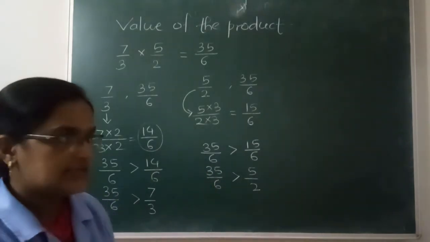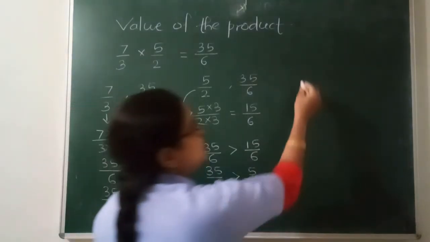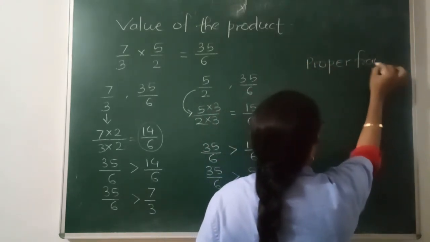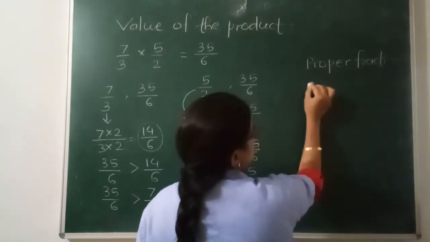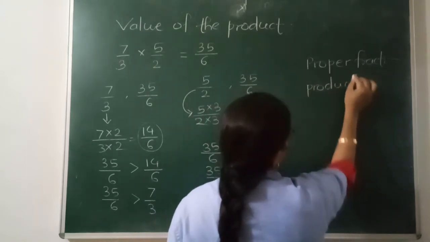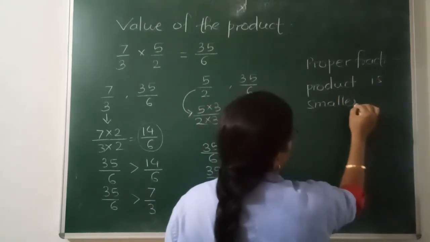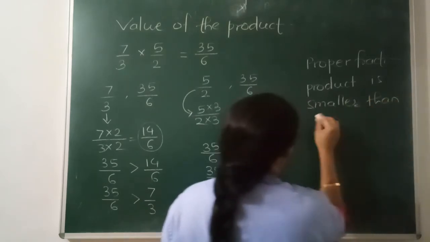See, when you multiply two proper fractions, in that case, the product is smaller than each of them.